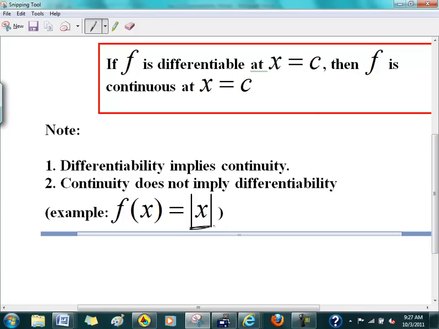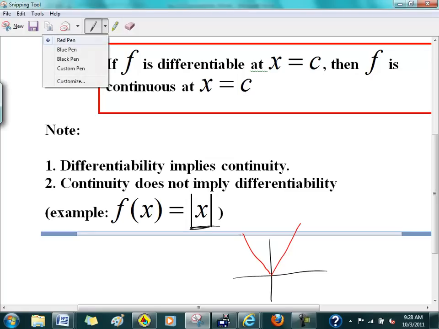I'll give you two examples. Here's one of them. If you were to graph this, what would it look like? It'd be a V. Those are straight lines. If I take a look at a point here on the graph, what do you think the slope of the tangent is at that point? Remember that exercise that you just did, 2x minus 3? What was the slope of that line?